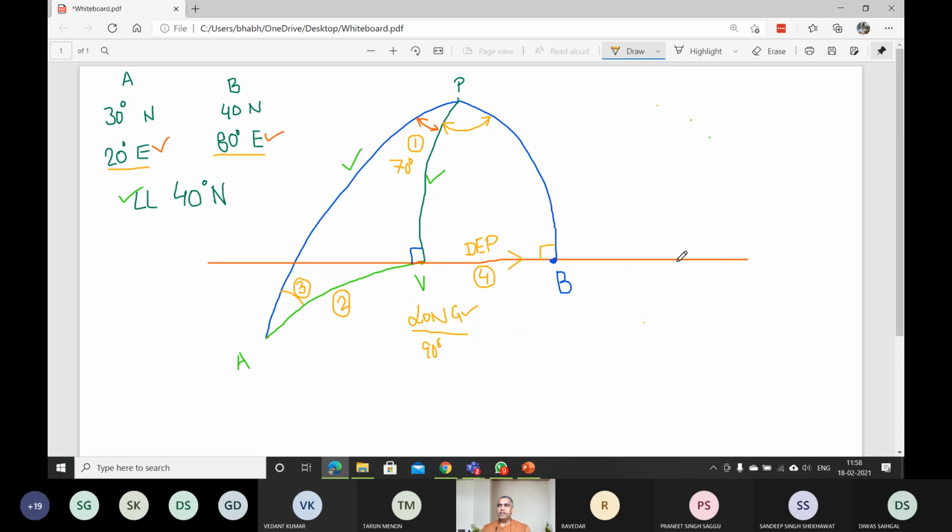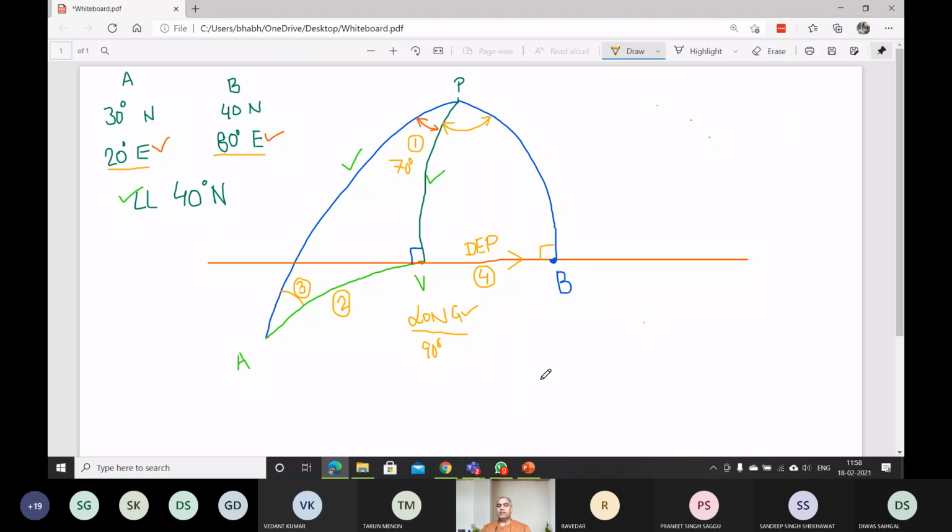If it lies outside, there is no composite sailing required, because if you sail along a great circle track from A to B, you will never be crossing the limiting latitude in that case. So you simply write a remark: since the vertex lies outside the triangle, composite sailing not required.